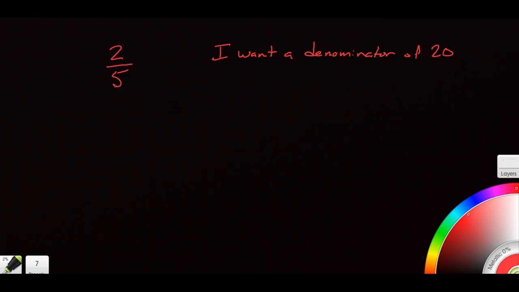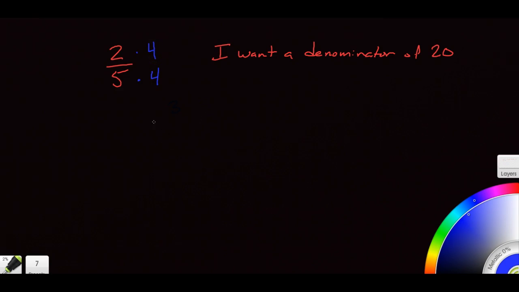So instead of having 5 in the denominator, I want a 20 in the denominator. Well, 5 times 4 gives me 20. But with fractions, if I change one part of the fraction, I have to change the whole fraction. So if I multiply the bottom by 4, I also need to multiply the top by 4.